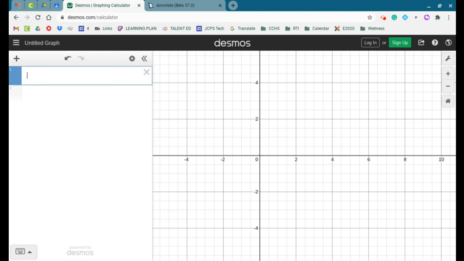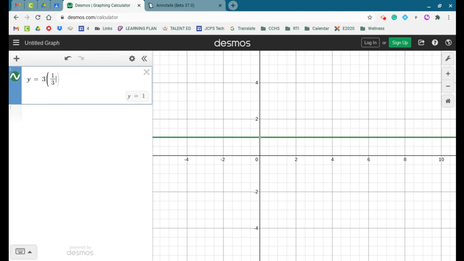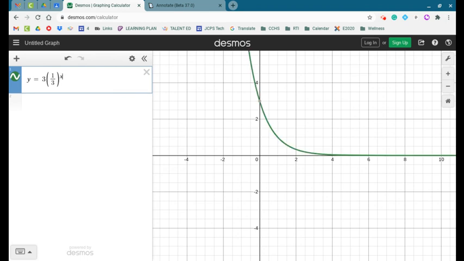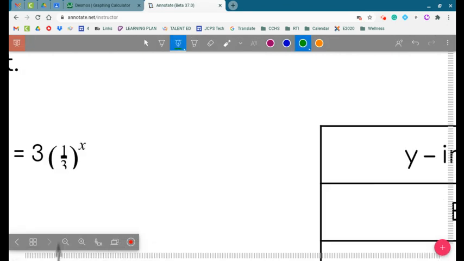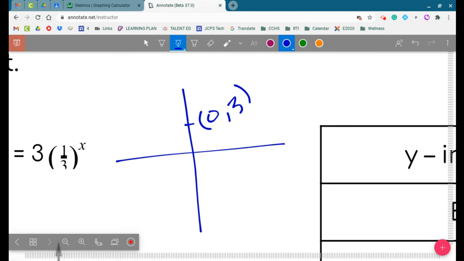Y equals 3 times 1 divided by 3 to the x. Okay. On this one, it looks like I have a y-intercept of (0, 3), and it goes down and grazes at y equals 0. So let's draw a little graph. Crosses at (0, 3).